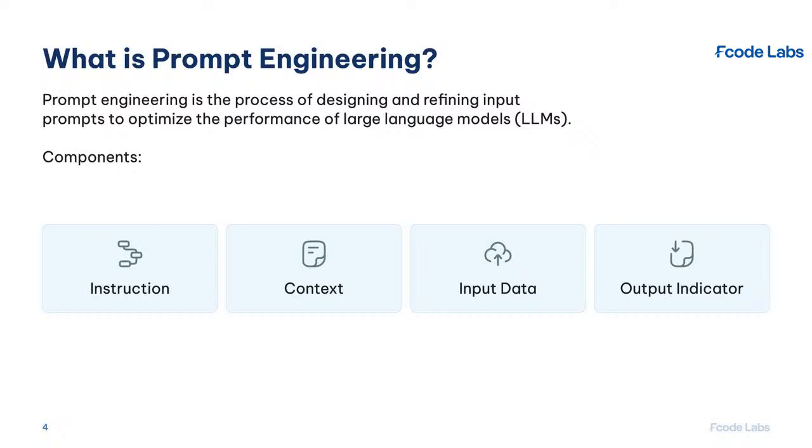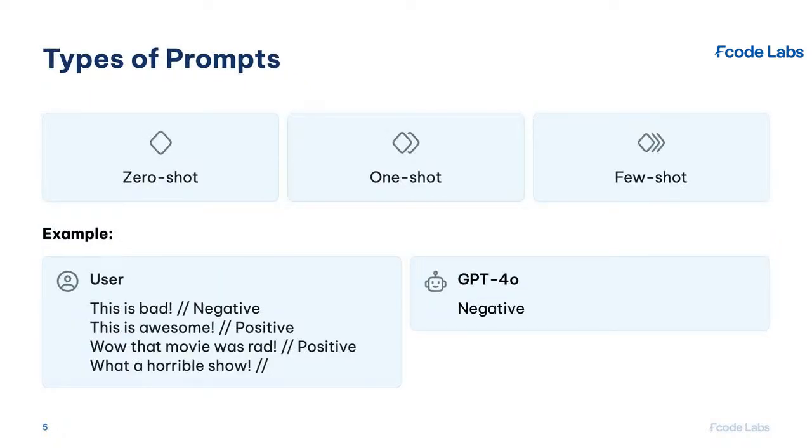These are basic components that are good to have in a prompt. If we talk about types of prompts, we can categorize them into three categories. First one is the zero-shot prompt, where we just ask something from the LLM and it will give a response to us.